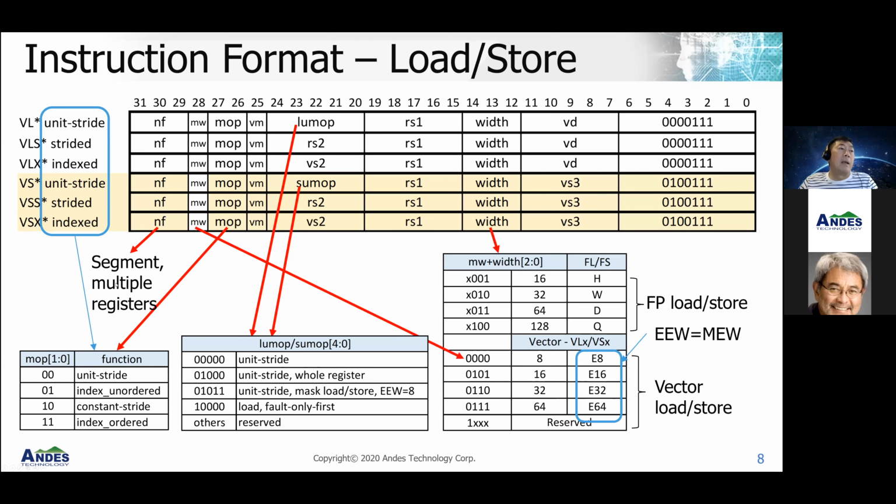For the opcode here, we have the unit stride, the index unordered, the constant stride, and the index ordered. The difference between unordered and ordered is that in the ordered case, you have to load element 0 before you can get to element 1, before you load element 2 and element 3. In unordered, in one cycle you can load elements 0, 5, and 10, and the next cycle you can load 1.